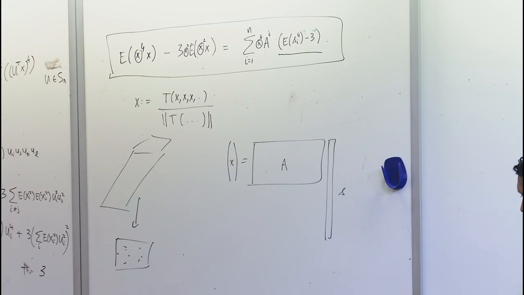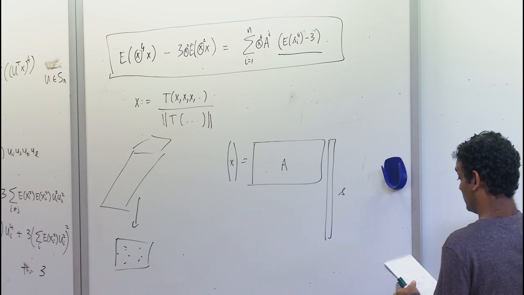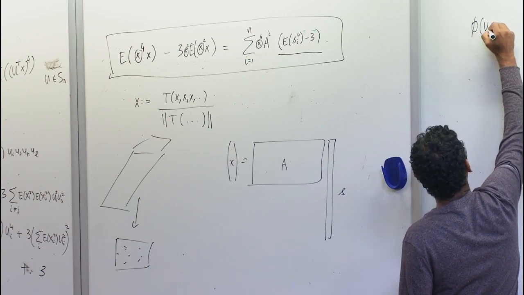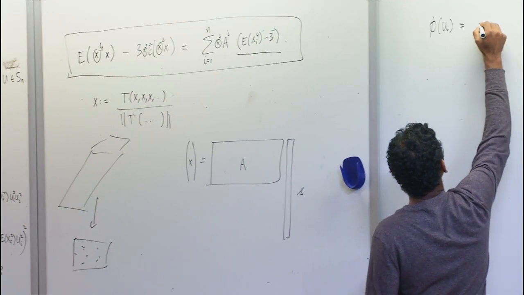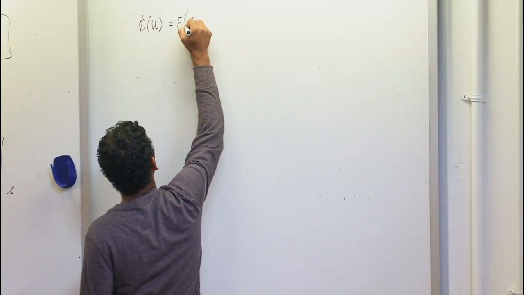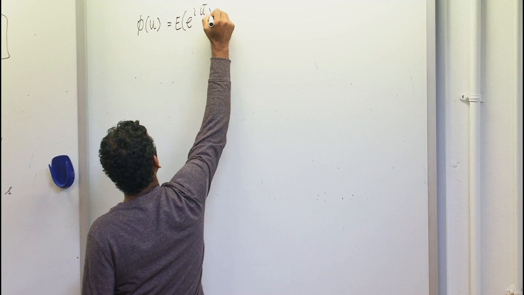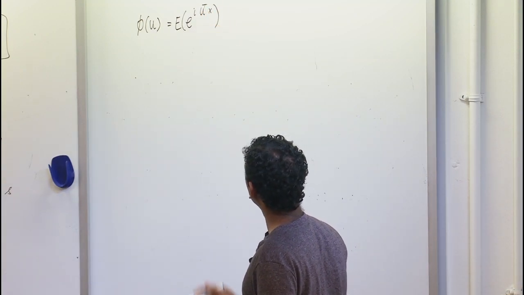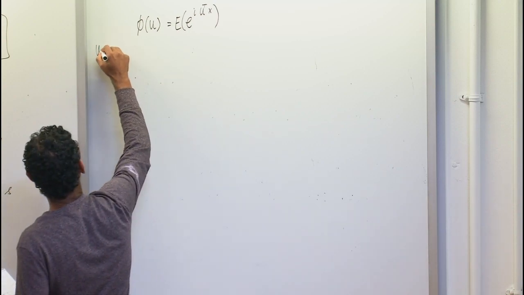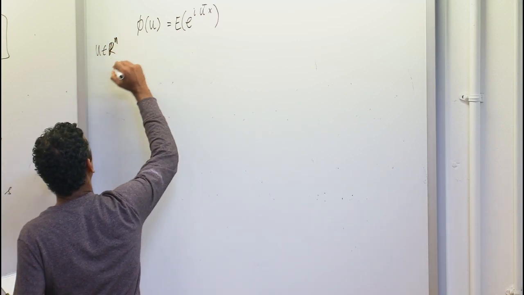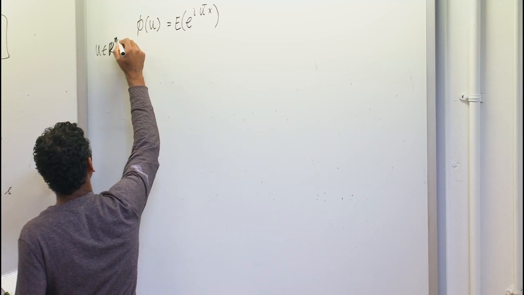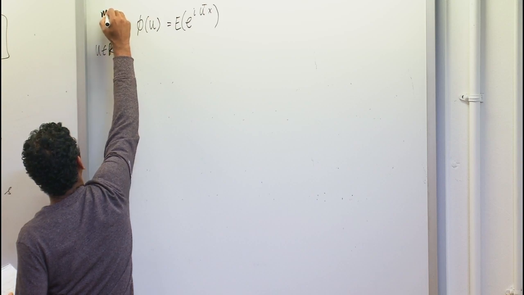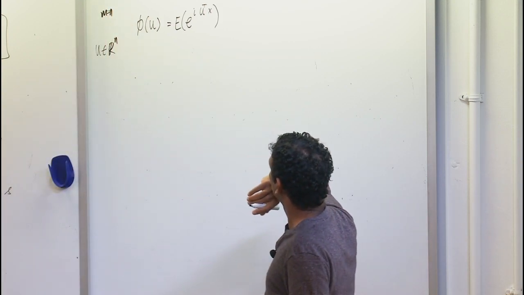And so for this I introduce or remind you of some functions. Let's call phi of u to be the expectation of e to the i u transpose x. u again is a vector in R^n, the same dimension as x. For now, let's keep everything in the same dimension, so m equals n, but we'll generalize that in a minute.